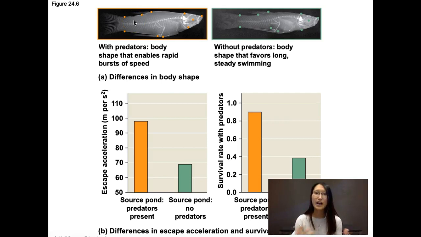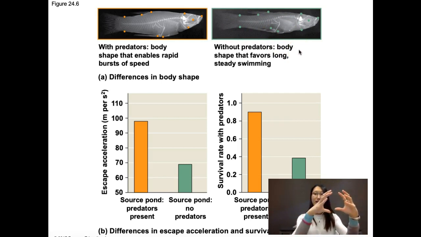So how would this work? Let's say we have one pond, and then somehow this pond got separated into a pond and another pond. And this pond happened to have a lot of predators. It just so happened. So this pond is going to have a genetic variation or phenotypic variation of fish that looks like this, that can swim fast but are bigger, or this one that's more slim but for steady swimming.